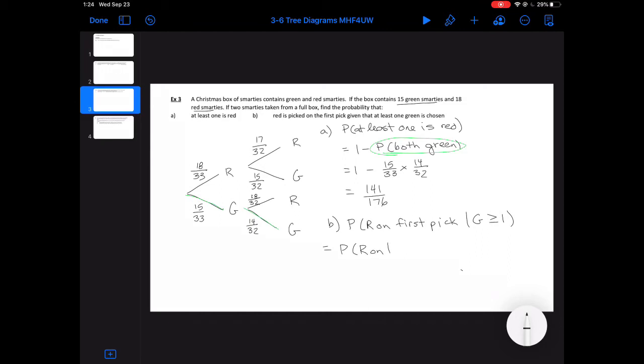So we've got the probability that you get red on the first pick, and you have green greater than 1. So that would mean that you get a green on the second pick over the probability that you get at least one green. So we haven't found that one out yet. So let's start up here.